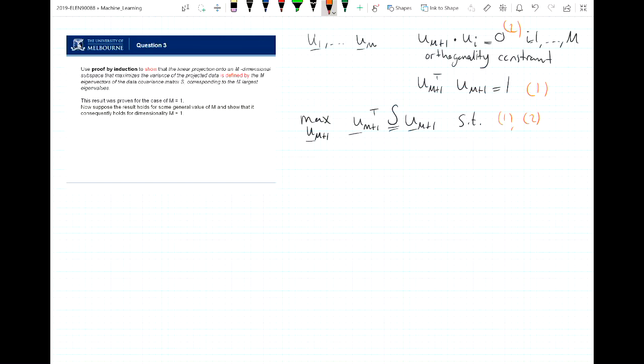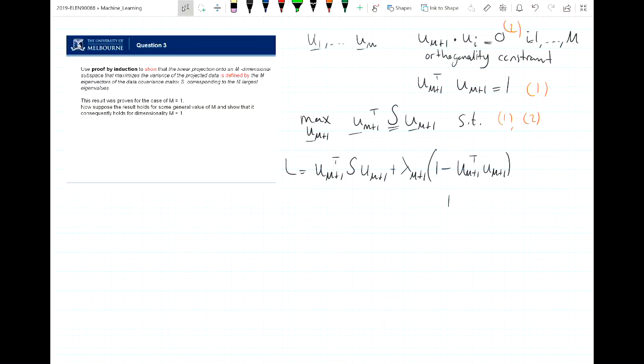All right. Then what do we do? We write the Lagrange multipliers, and the Lagrangian will be um plus 1 transpose S um plus 1 plus lambda m plus 1 times (1 minus um plus 1 transpose um plus 1), these are all equality constraints, plus all of the orthogonality constraints.